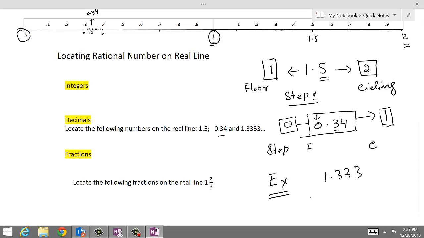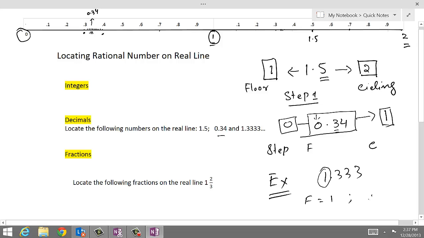The floor is 1 and the ceiling is 2, because 1.333 is between these two integers, 1 and 2. So 1 is right here, 2 is right here, and for the first digit 0.3 we can easily find it because it's already marked.